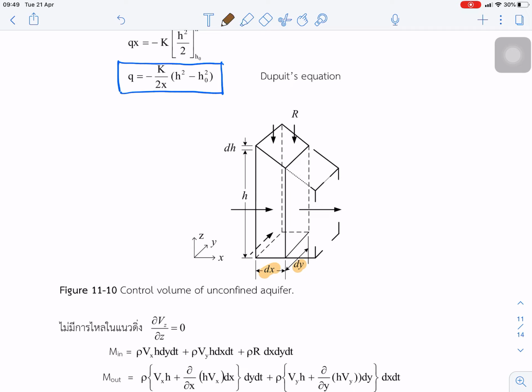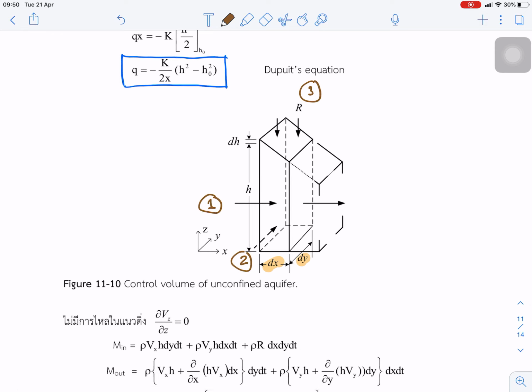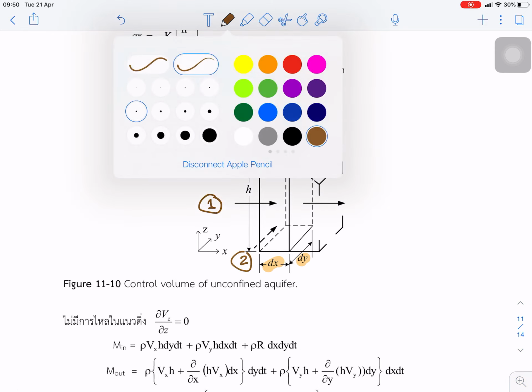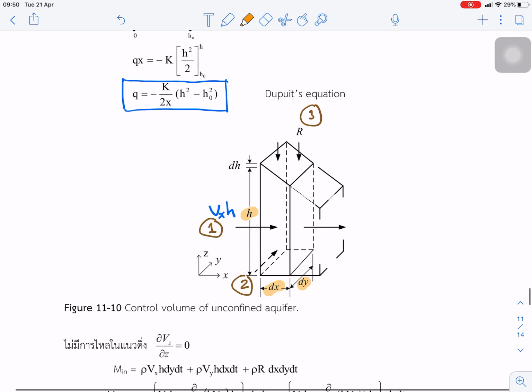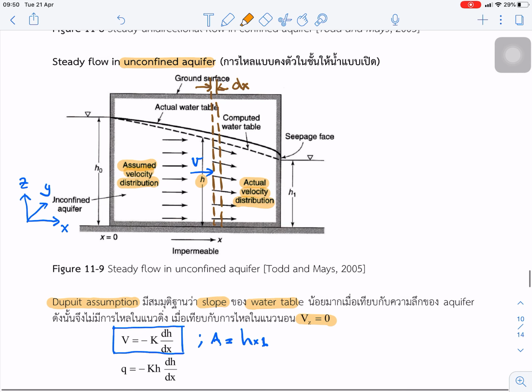Okay, the first part is the first direction, the second direction is on y, and from the top to the bottom there can be recharge. Okay. So we start to write the equation. The other thing is that h changes. Because in this flow the water level can be like this.